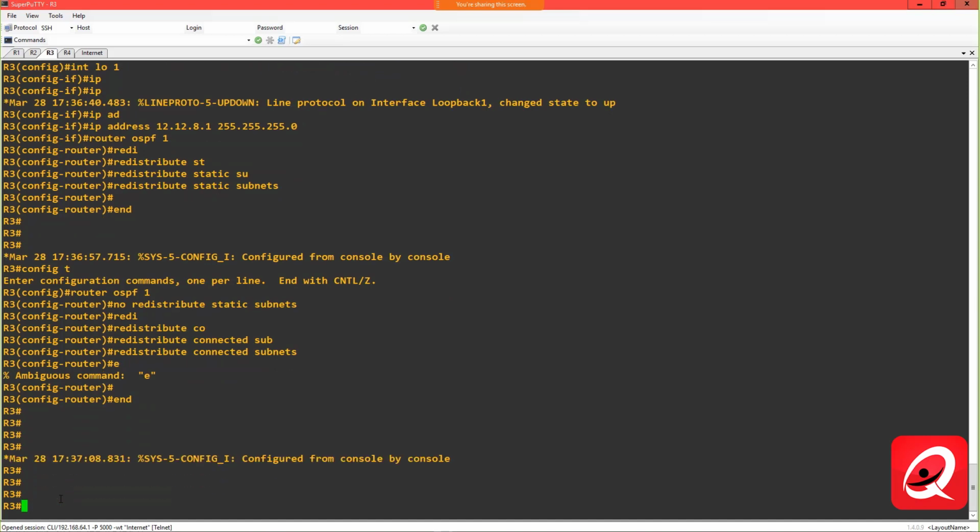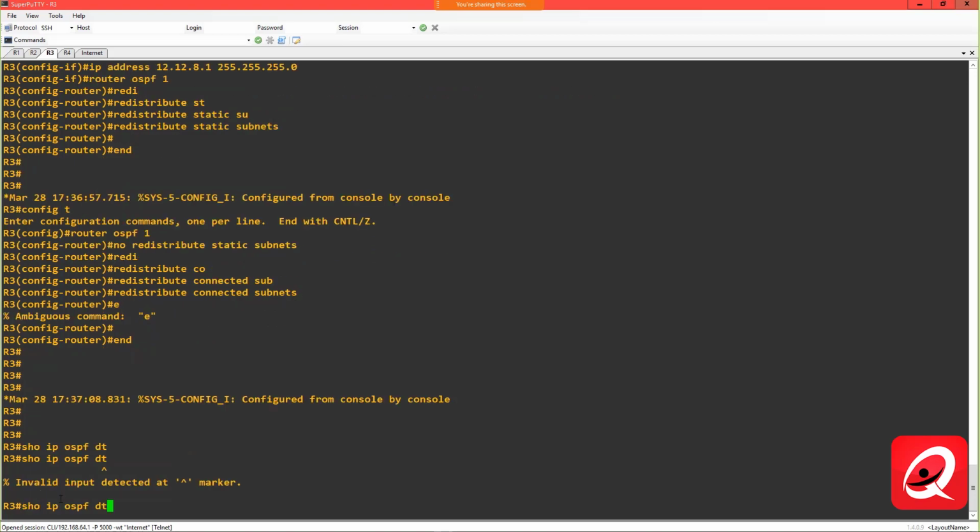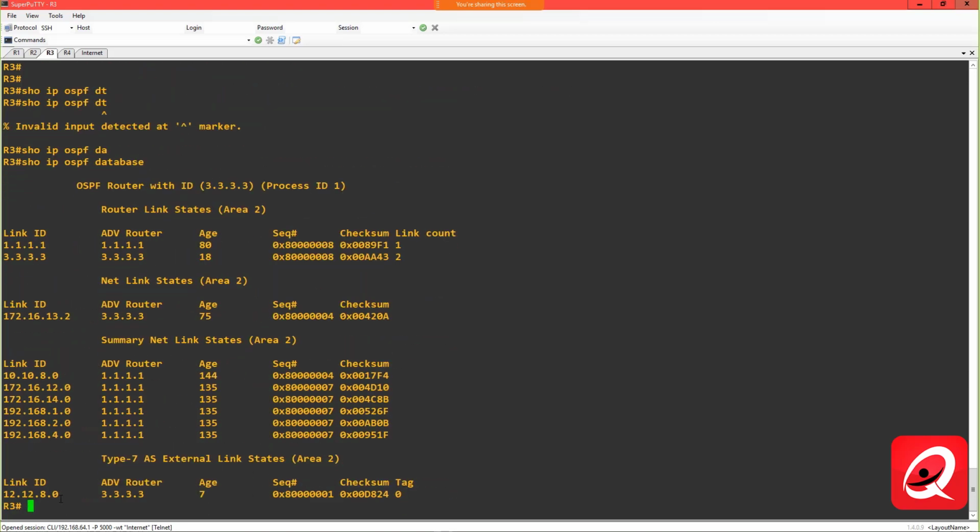Now if I do a show IP OSPF database, you will see in this database that we now have a type 7 LSA in the area that's a special area type. Type 7 LSAs are identical to type 5 LSAs.